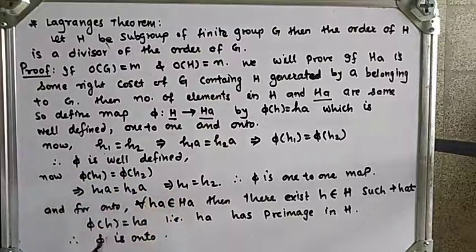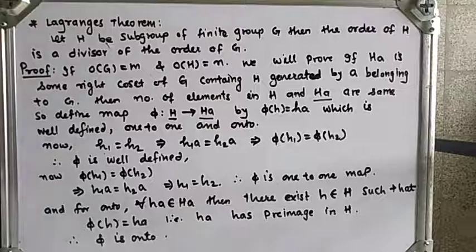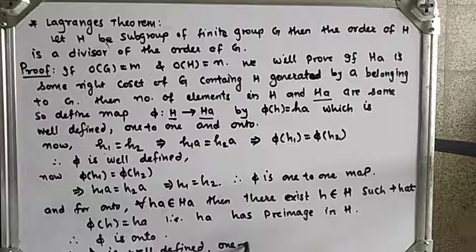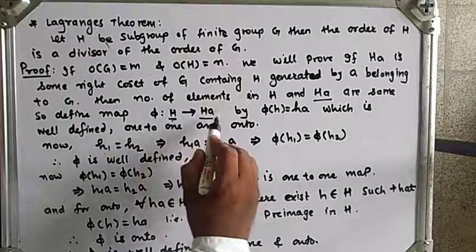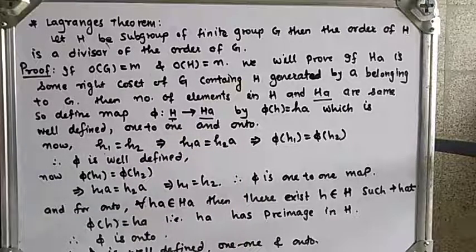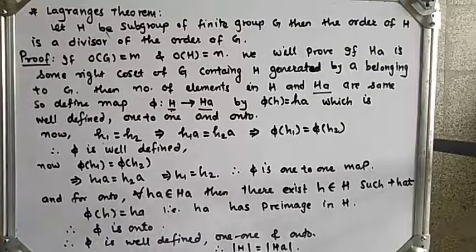So phi is well defined, 1-1 and onto, which means there exists a 1-1 and onto function, so the cardinality of H is the same as the cardinality of HA. The number of elements in H is the same as the number of elements in the right coset. So the cardinality of H is equal to the cardinality of HA.